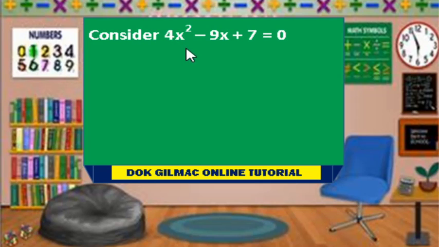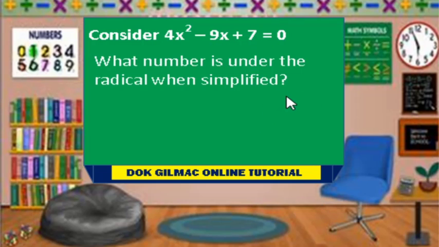Consider 4x squared minus 9x plus 7 equals 0. What number is under the radical when simplified? So we have b squared minus 4ac.